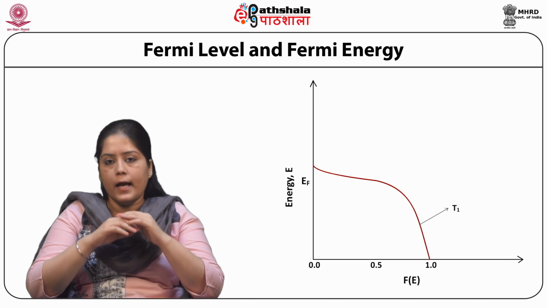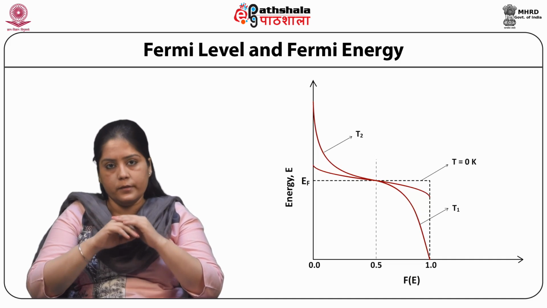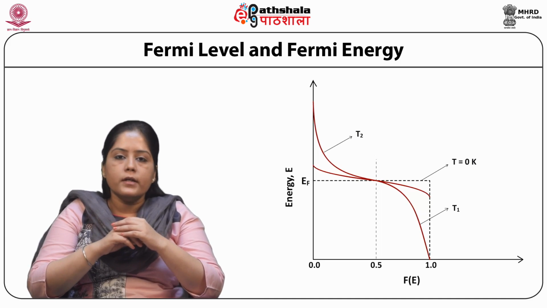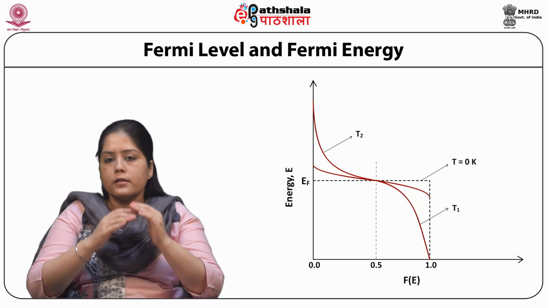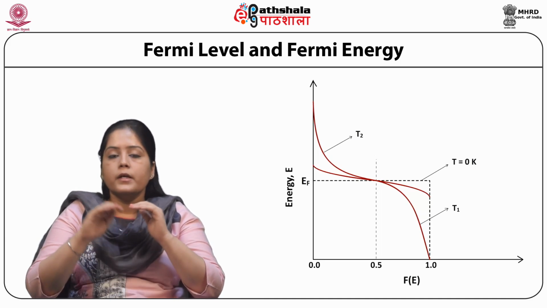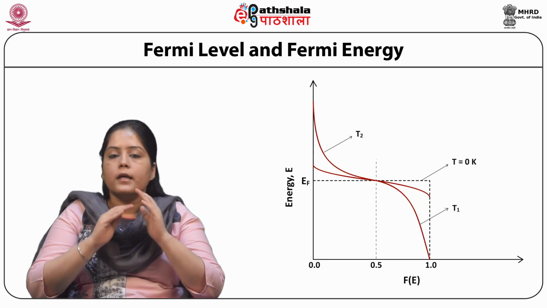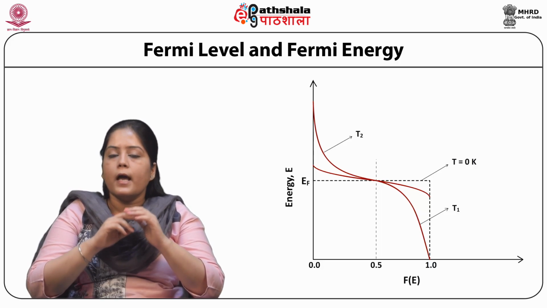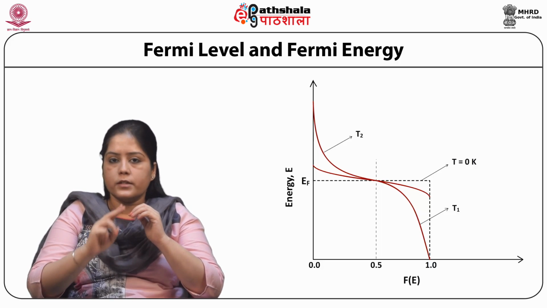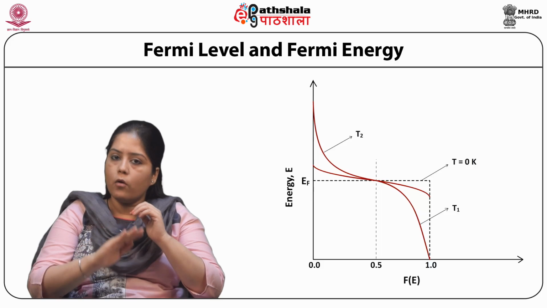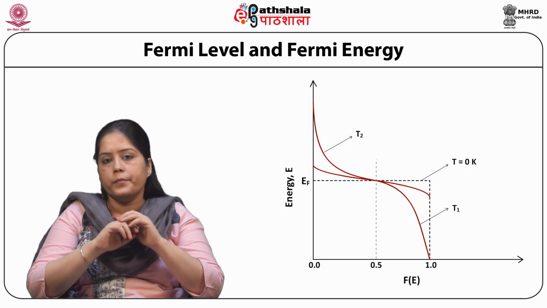Fermi level and Fermi energy. According to Pauli's exclusion principle, each allowed energy level can accommodate at most two electrons of opposite spin.